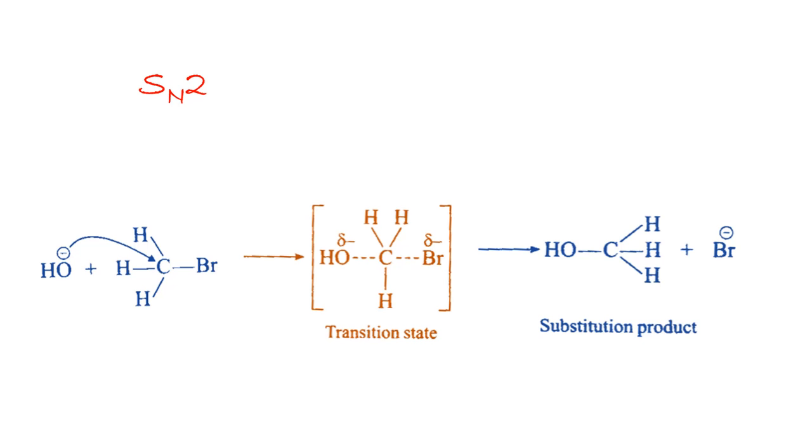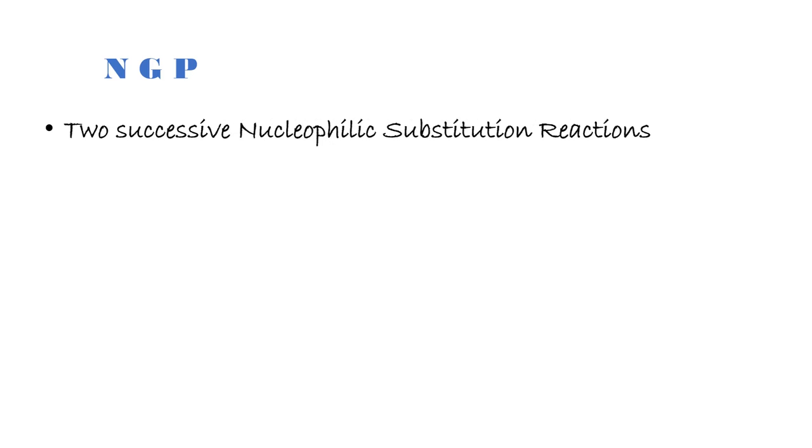So in normal SN2 reactions, the external nucleophile like OH minus attacks the carbon species. If there is a nucleophile present in the molecule itself, then that nucleophile may also attack the carbon. That only happens in an NGP reaction, the neighboring group participation reaction. Let's see the important points. Firstly, NGP contains two successive nucleophilic substitution reactions.